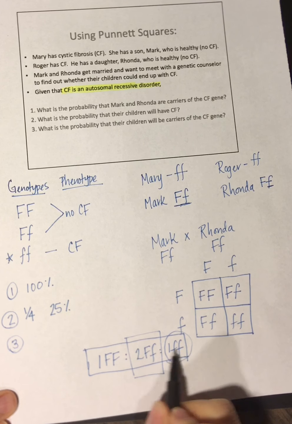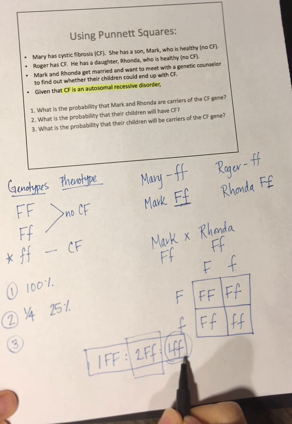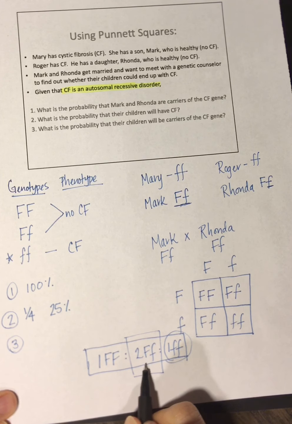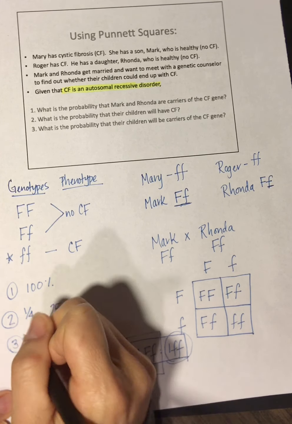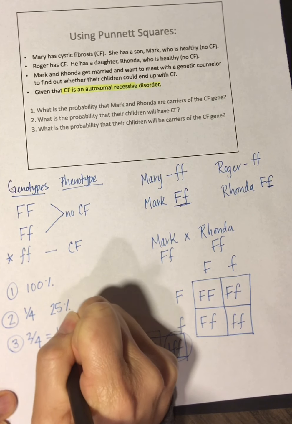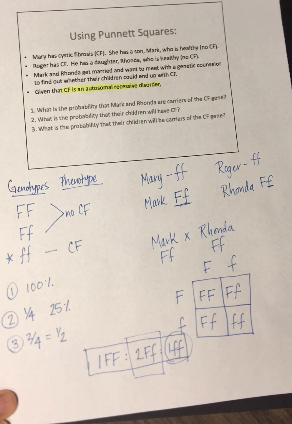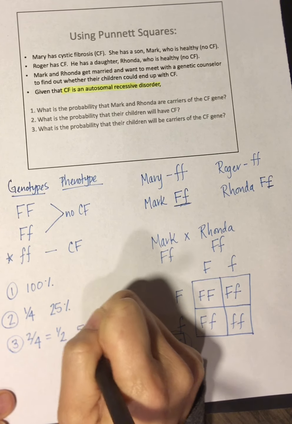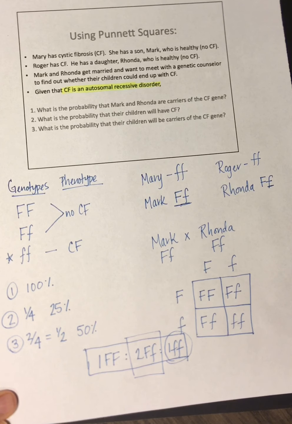So 2 of the 4 possible outcomes of Mark and Rhonda are heterozygotes. So 2 out of 4, or if we simplify that fraction, 1 out of 2. Or if you prefer percents, we would say that there is a 50% chance or probability that their children will be carriers of the cystic fibrosis gene.